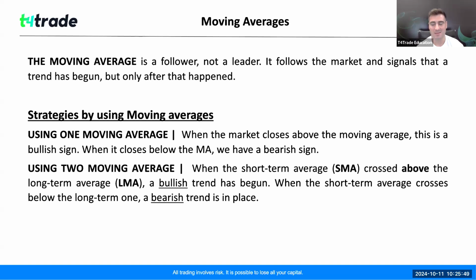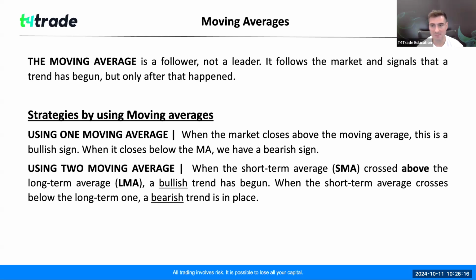The concept is that whenever you have the small moving average crossing above the long-term moving average, this is considered to be a bullish sign. So therefore, whenever you see the SMA crossing above the LMA, the price action generates a buy signal. So you go long when you see this kind of crossover, which is what we call the golden cross.